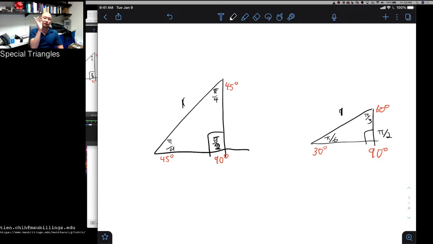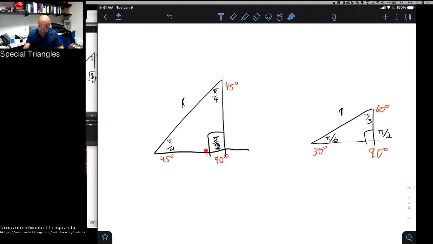Now we're going to start by taking a look at the angle on the left. I don't know what the lengths of these sides are yet. I just know two things: one, that the hypotenuse is 1, and the other is that these two angles are the same. So this is an isosceles triangle.